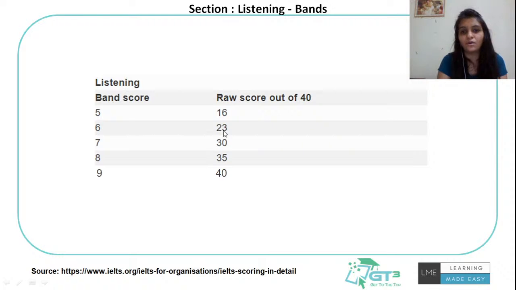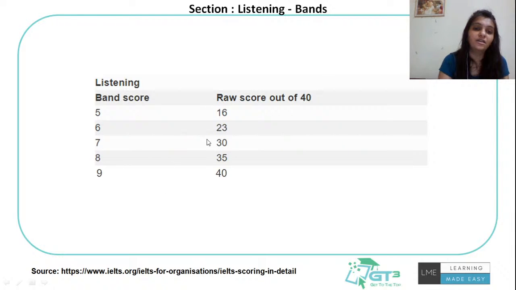If you score 23, then you get a band 6. If you score 30, then you get a band 7. If you score 35, you get a band 8. And if you score all the correct answers, then you'll get a band 9. And in listening, let me tell you, if you are moving to Canada, if you are the main applicant, then your target should be 35, because band 8 is mandatory in listening.